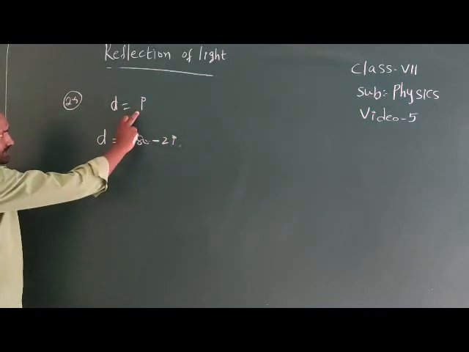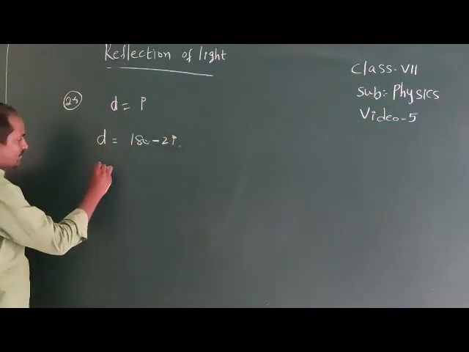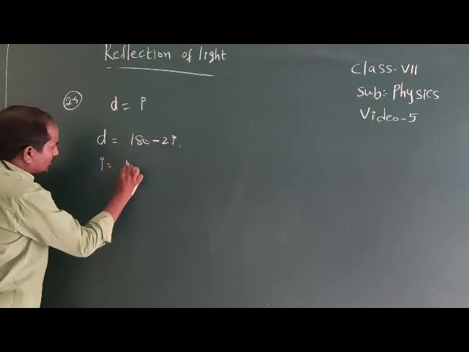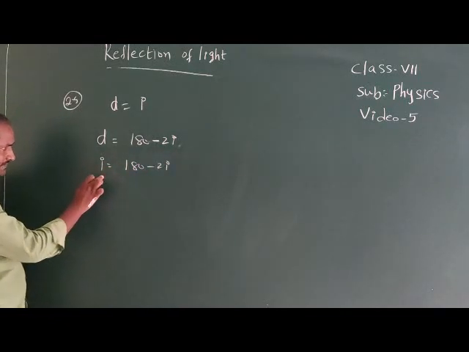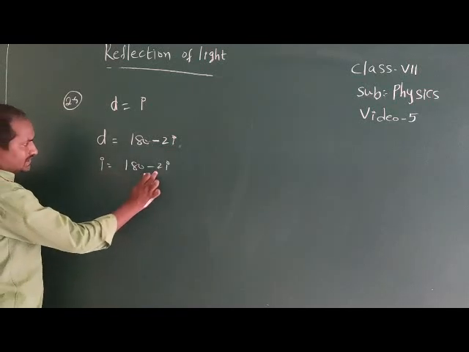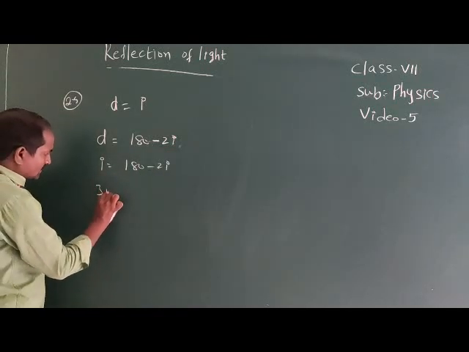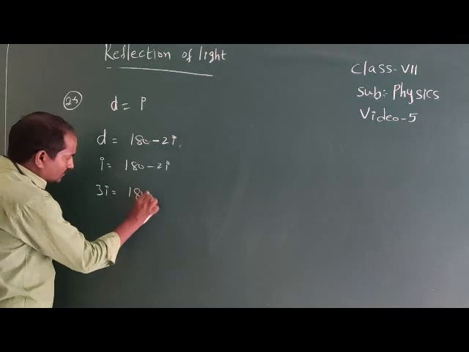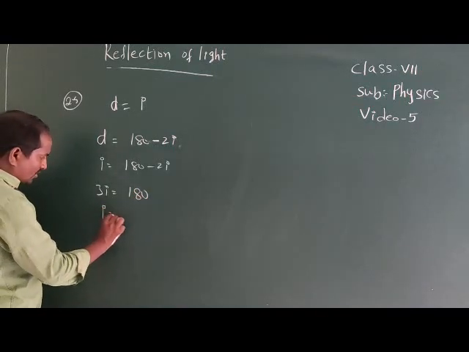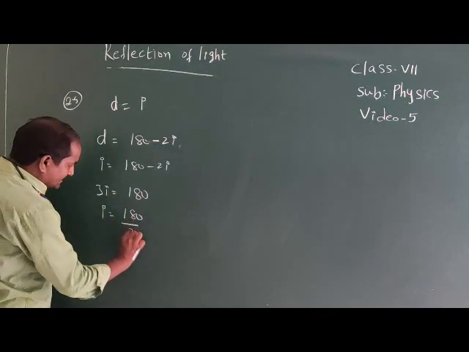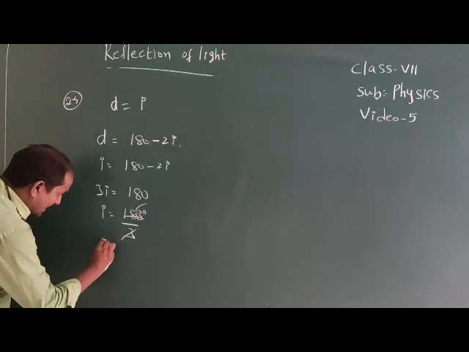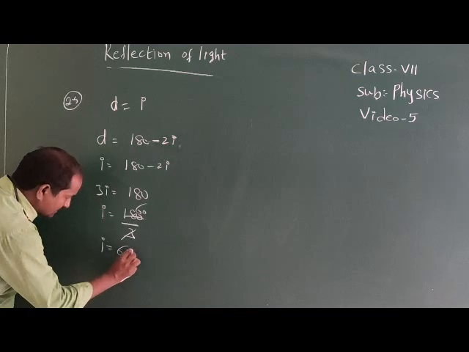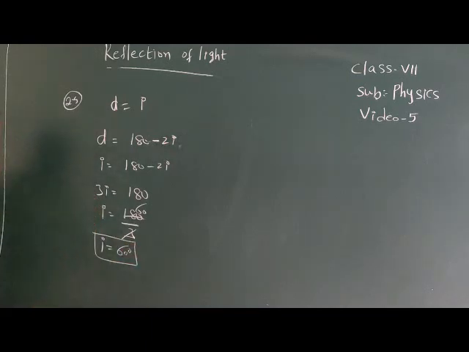But here D equals the angle of incidence i, so i equals 180 minus 2i. So 2i coming to this side, i plus 2i equals 3i. 3i equals 180, so i equals 180 by 3. 3 sixes are 180, so the angle of incidence equals 60 degrees.